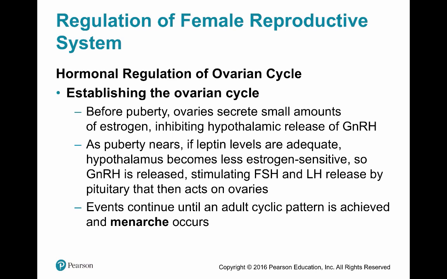This will stimulate the follicle stimulating hormone and luteinizing hormone that's released by the pituitary that acts on the ovaries. Do you guys realize that these are the same hormones we talked about earlier, right? So the events occur until an adult cyclic pattern is achieved.